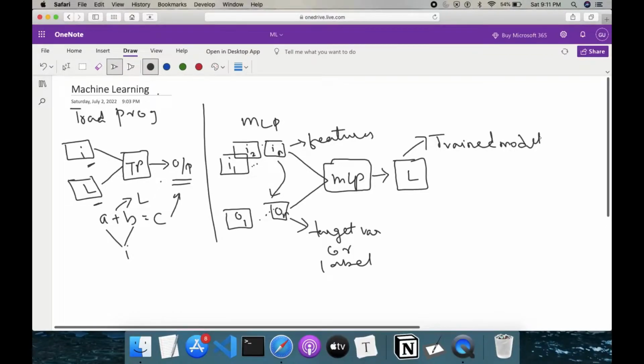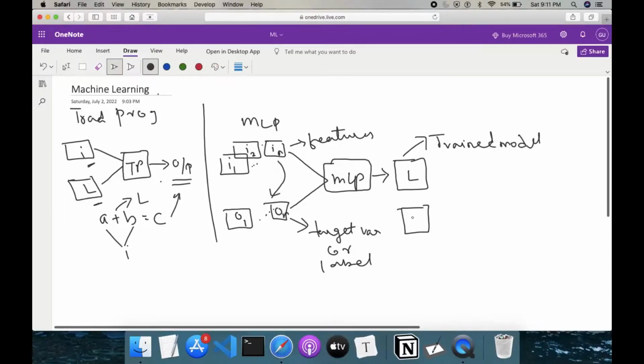Once the model is trained, we have something called, in machine learning, the train, test and validation data sets. Once a model is trained on some data points, we'll be testing it out on the validation and testing set.